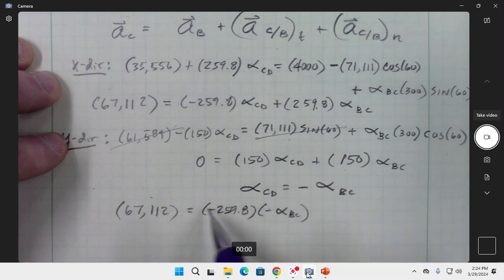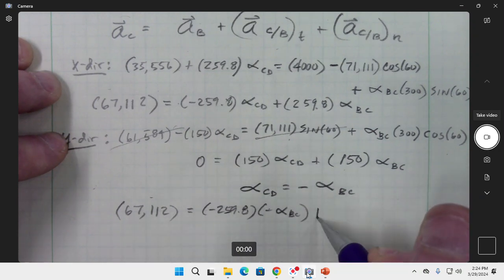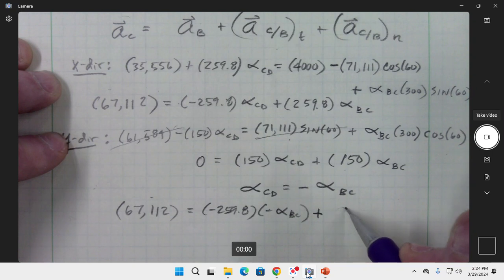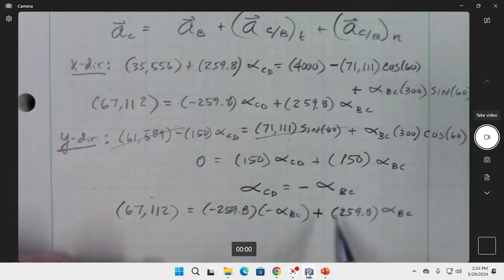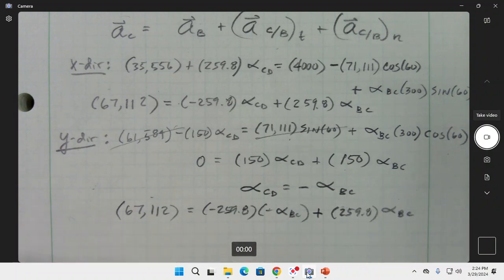So I get a negative and a negative, and I'm going to go plus 259.8 alpha BC. So that's going to be positive. So we're going to add the 67,112 and 259.8 times 2, divide.